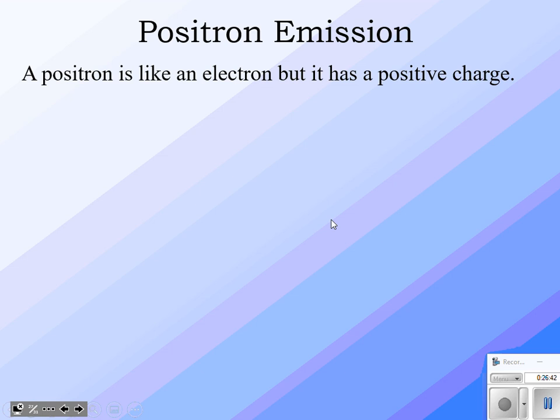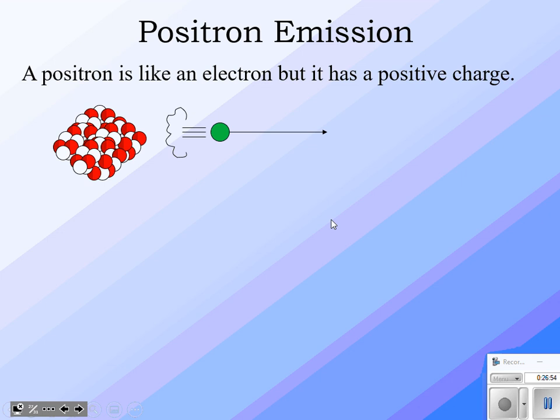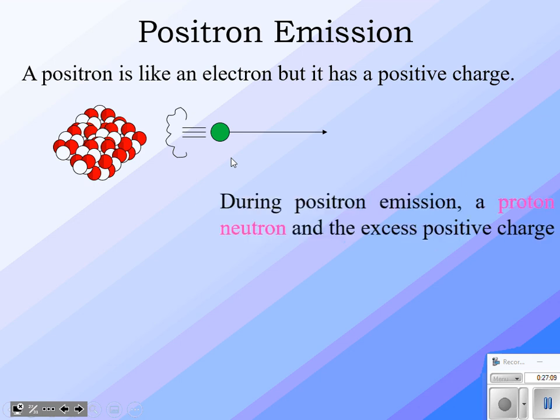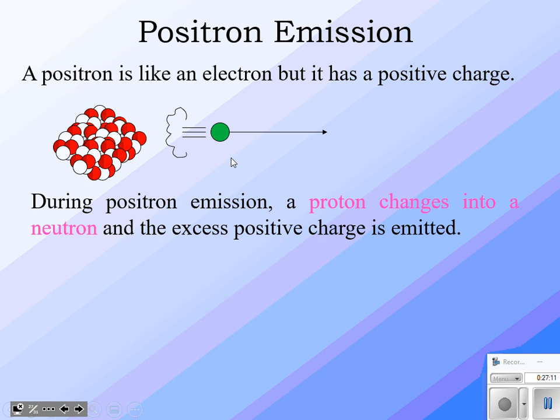A positron is like an electron, but it has a positive charge. So instead of signifying this as that blue fast-moving electron, this is going to be a green one, which is going to be a positron. Okay? During positron emission, a proton changes into a neutron.